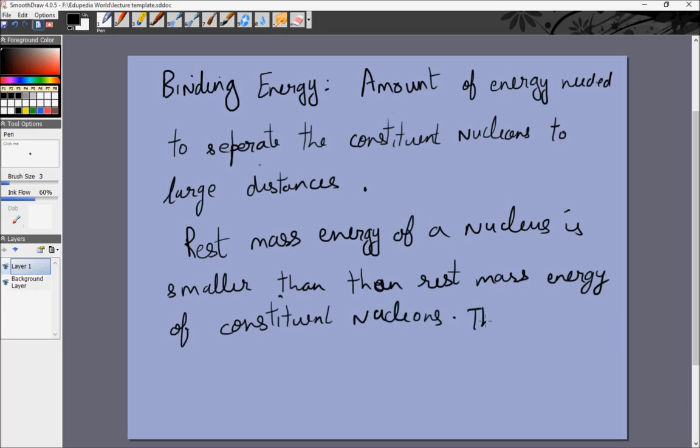And the difference is the binding energy, which I'll refer to as BE from now on.